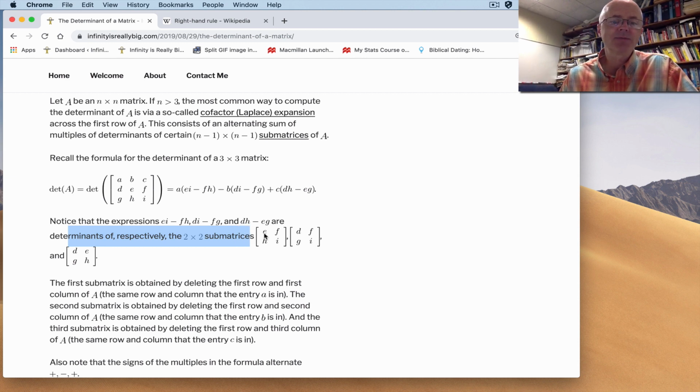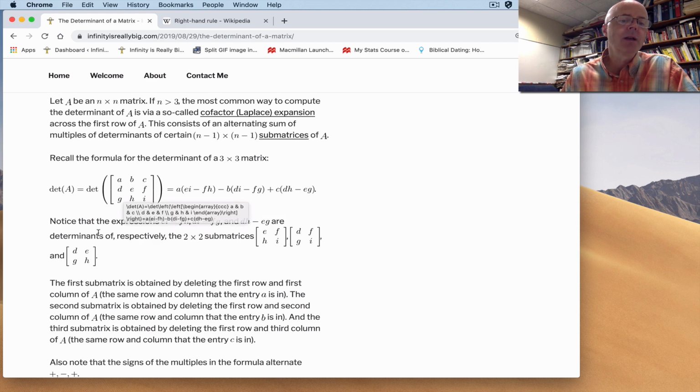This matrix is found by deleting the first column and first row of the original. It's right here. This matrix right there is found by deleting the first row and the second column, DG, FI. Those four numbers are now in this 2x2 matrix. And this 2x2 submatrix is determined by deleting the first row and third column to get this matrix right here.